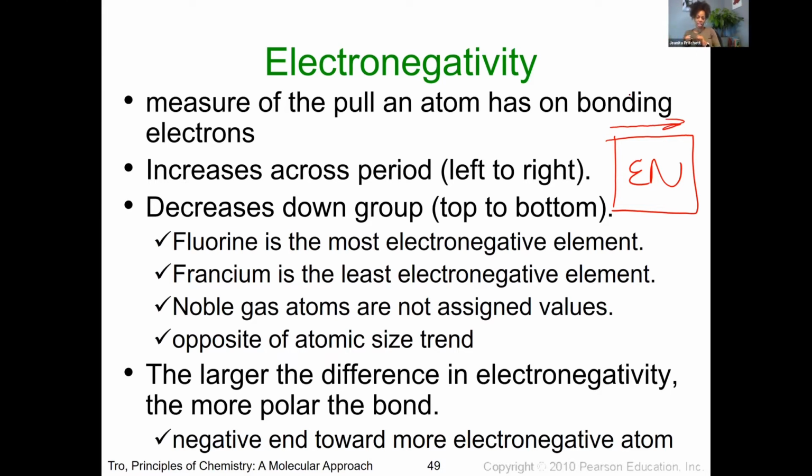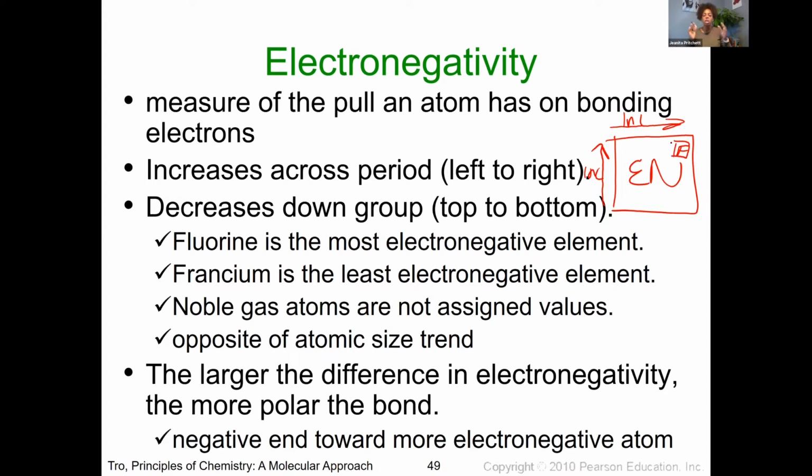Remember, they like to get electrons. It also increases up the periodic table, with the most electronegative atom being fluorine. The least electronegative is francium in the other corner. Noble gases are not assigned values because, remember, they don't want any electrons at all.